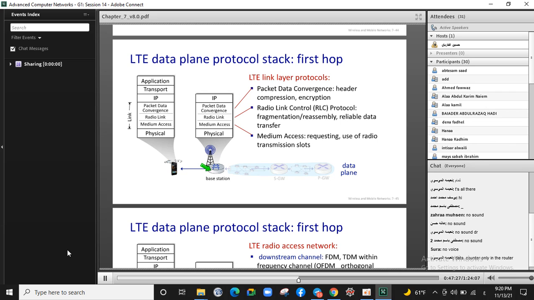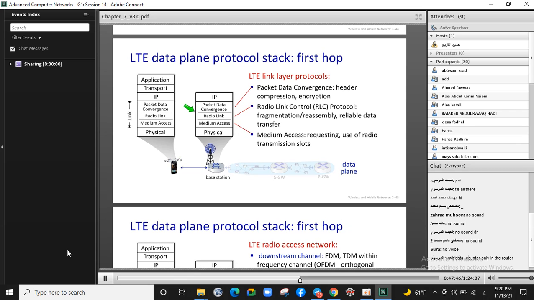So here we can say that the base station is something similar to a router, but when we talk about a router, this router works over a wired network, but this base station is placed at the edge of a network, an edge between a wired world and a wireless world.